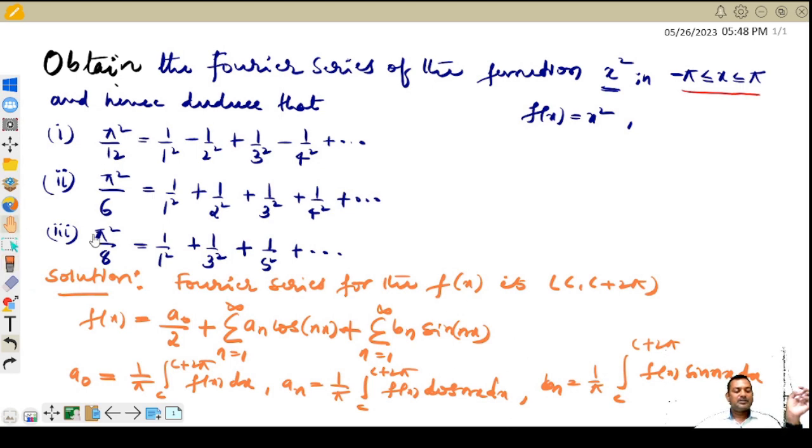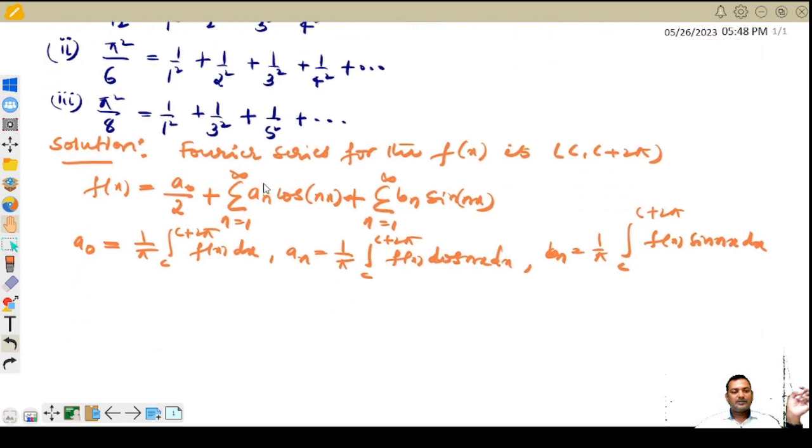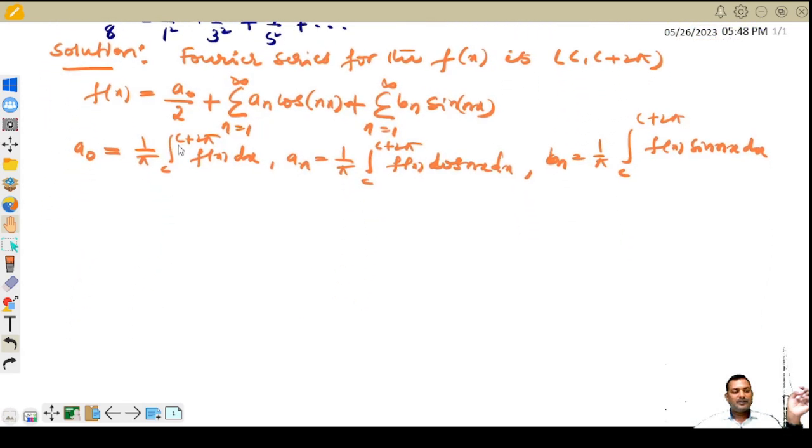Now let us concentrate here. So now as usual, for the given function, without using the definition or concept of odd and even nature, we need to find out a naught, an, and bn.